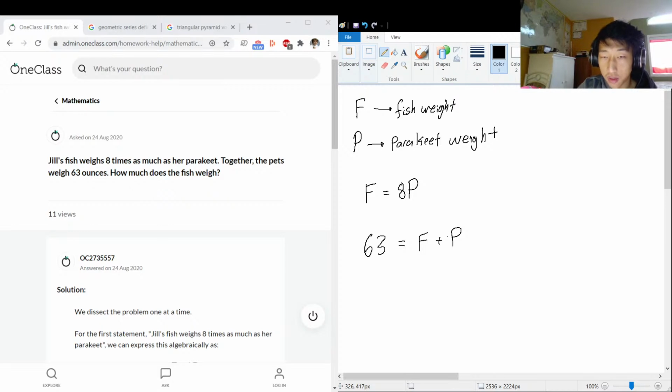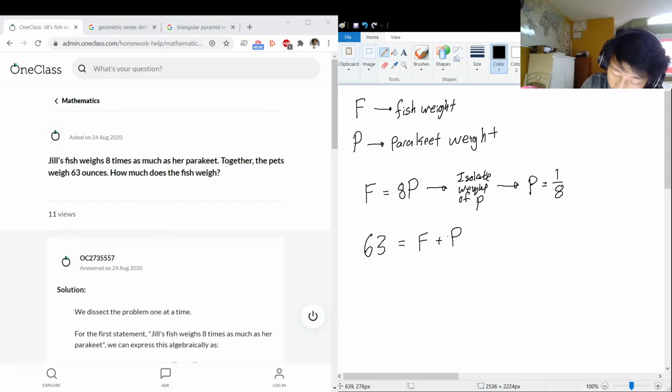Okay, so we can actually isolate the weight of the parakeet, P, and we know that P is 1/8 the weight of a fish.